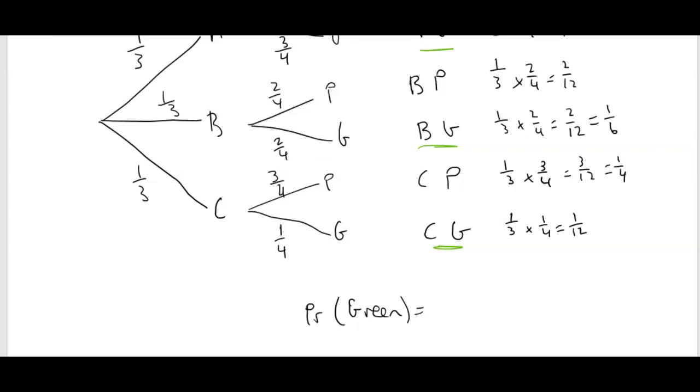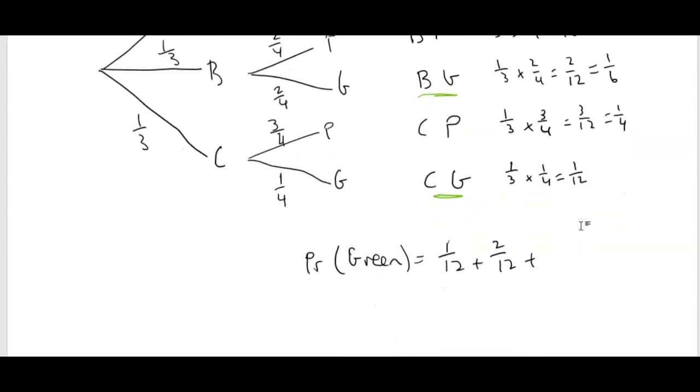Now, when you're adding fractions, you always need to have the same denominator. So I'm going to keep them all over 12. So we've got 1/12 plus 2/12 plus the last one is 3/12. So in total, I've got 6/12, which is a half. So the probability of getting a green is half.